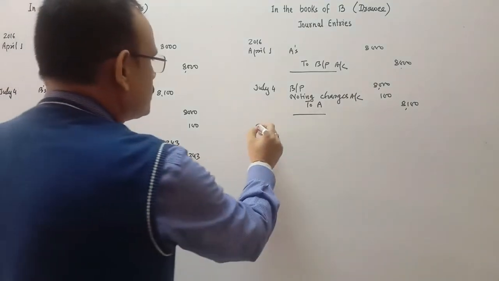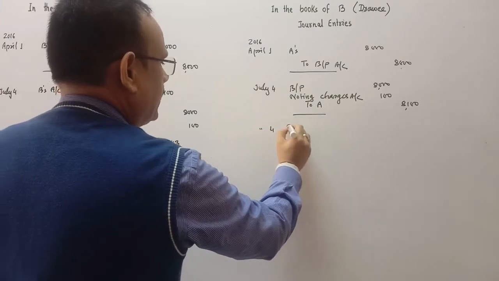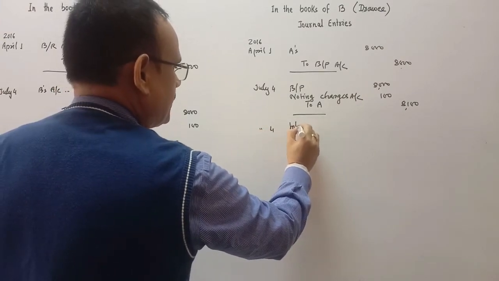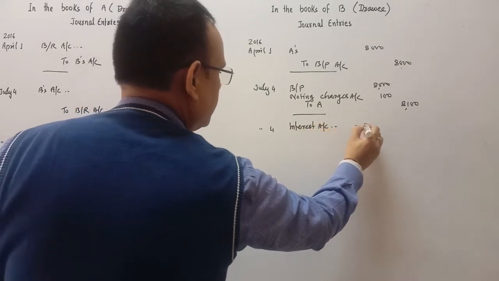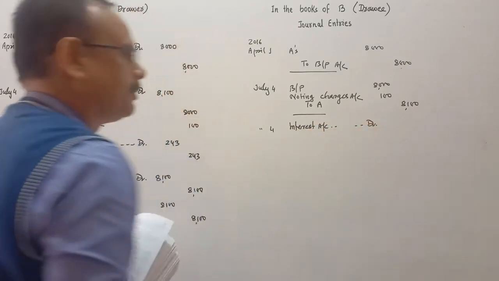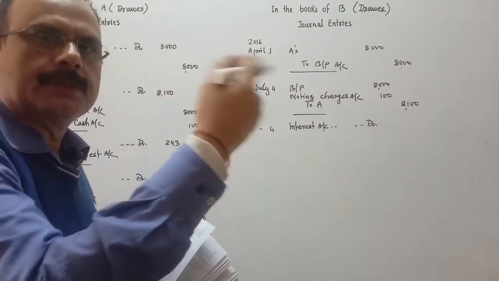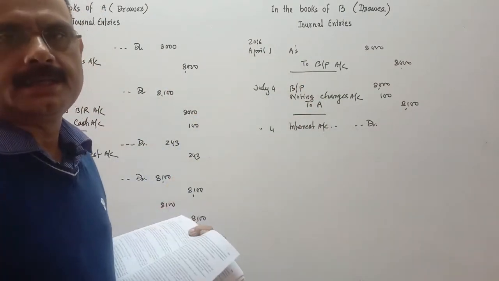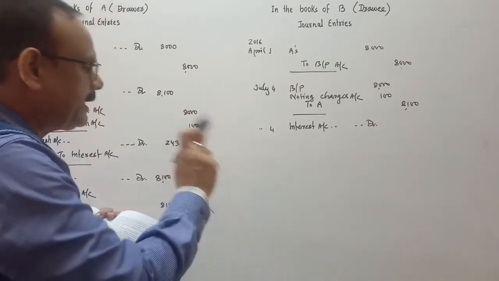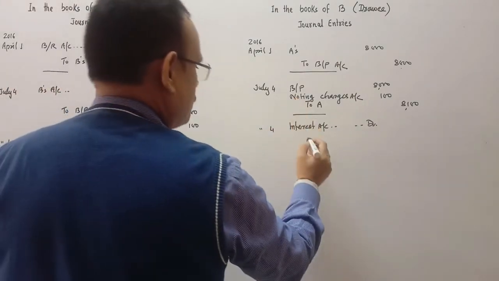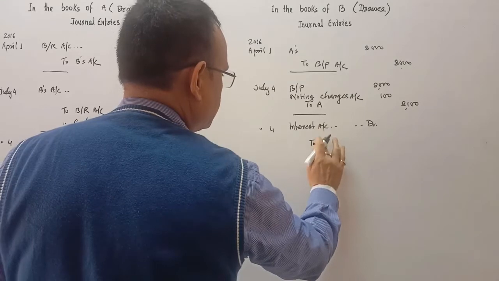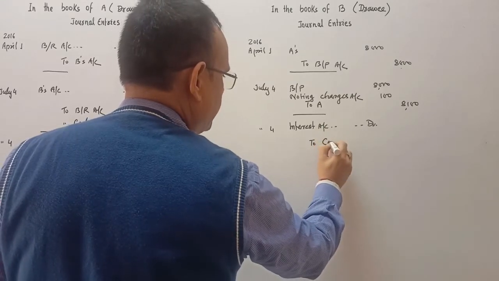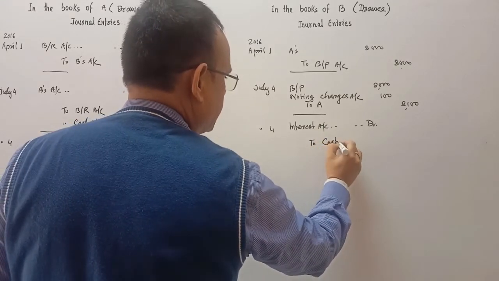Okay. Next on July 4, interest. Interest is the expense for him, so we will write interest account debit when he pays the interest for the renewal of the bill for 73 days. So that interest is the expense for the drawee. So we will write interest account debit to cash account.